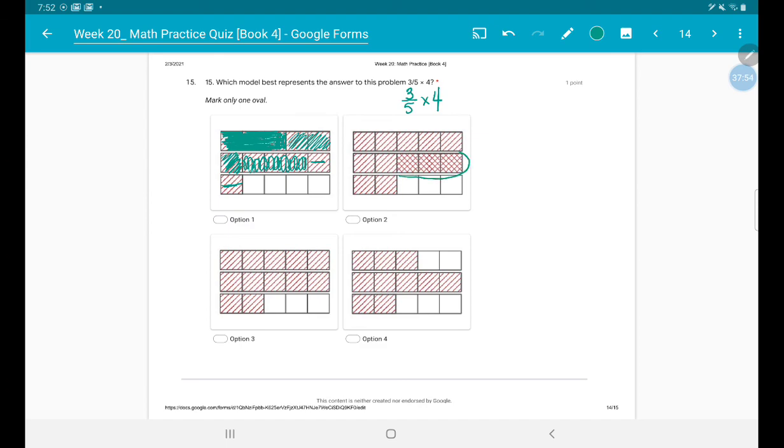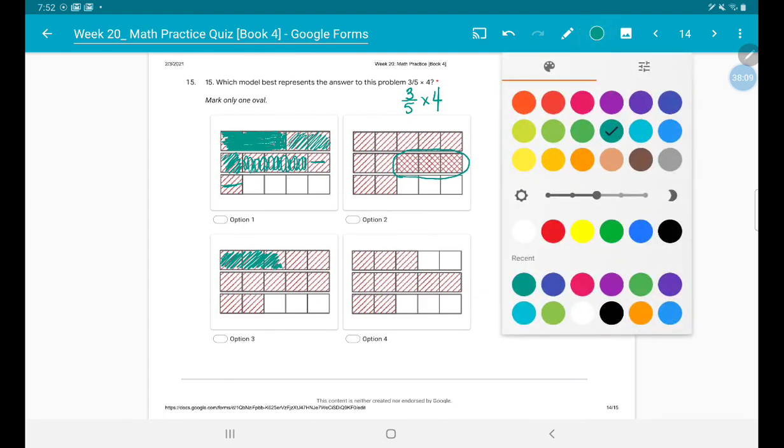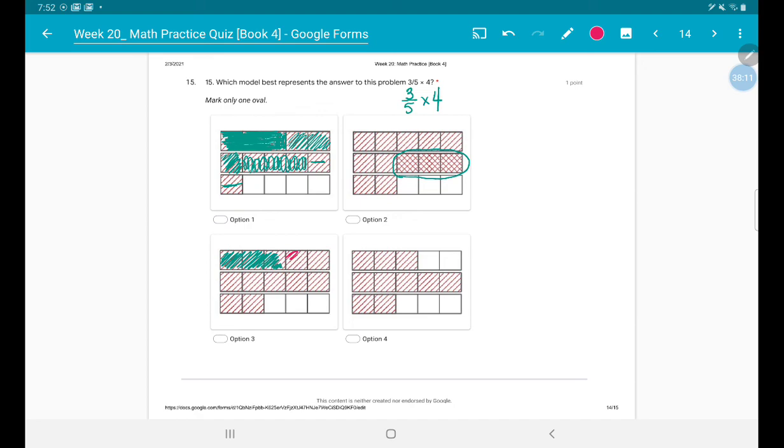Option 2, I can see right here, there's some that are crossed out, so I know option 2 is not going to be correct. Let's look at option 3. Here's 3/5. Let me change colors, that'll make it easier to see. 1/5, 2/5, another one makes 3/5.